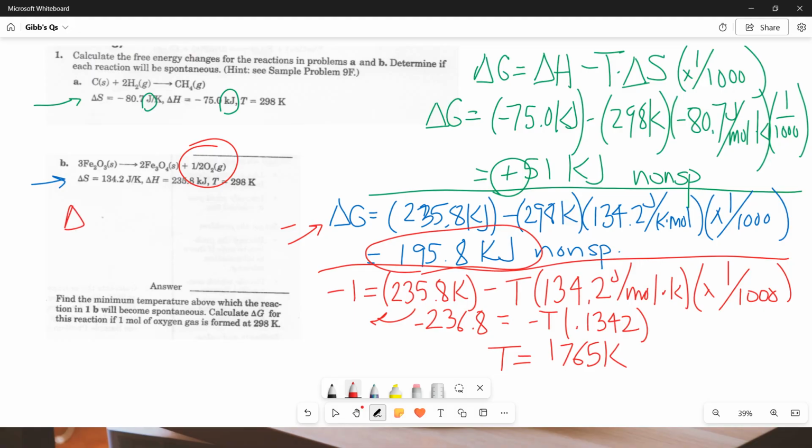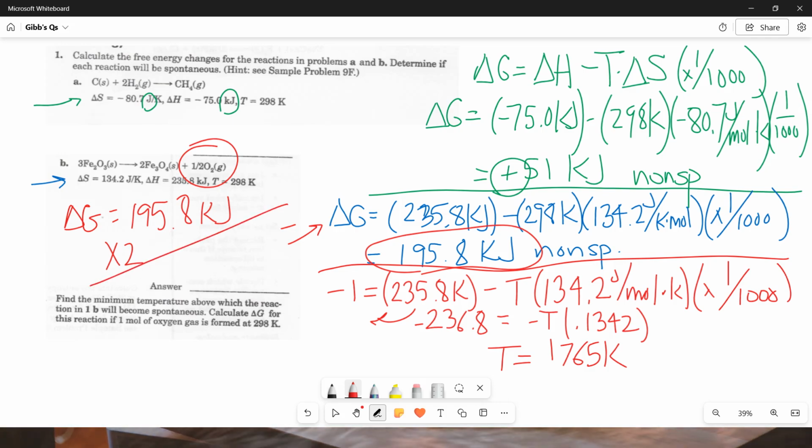So the delta G was 195.8 kilojoules, and that was for half a mole. So I'm going to multiply by 2, and that means my new delta G is going to be 391.6 kilojoules for 1 mole of oxygen formed.